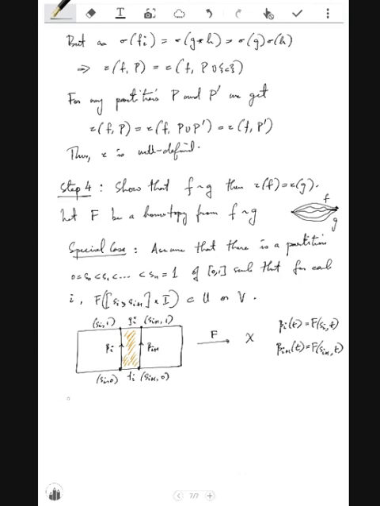So let us assume that F of [s_i, s_{i+1}] cross I is contained inside U. Then it is clear that f_i star beta_{i+1} is homotopic inside U to beta_i star g_i.